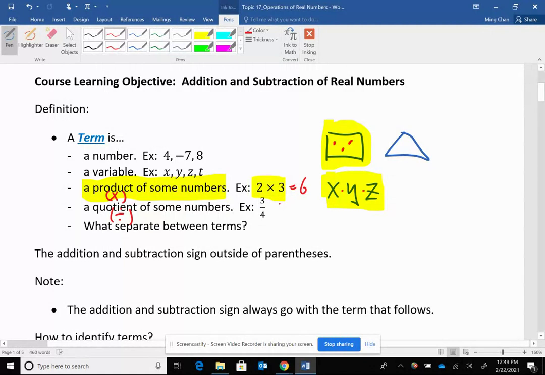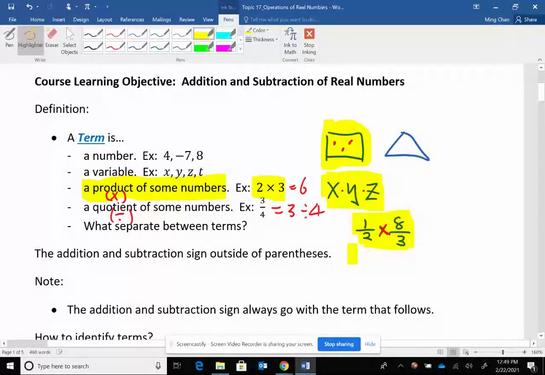So 3/4 is equivalent to 3 divided by 4, and 3 divided by 4 is considered one term. So if I have one half times 8/3, here you're looking at two different fractions, right? But this is not two terms. Why? Because the multiplication between anything is only considered one term.